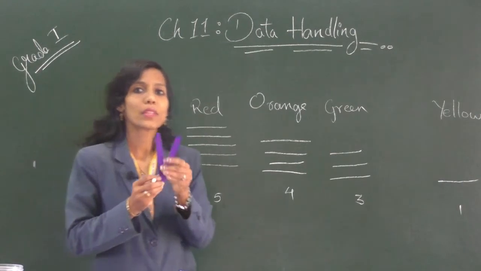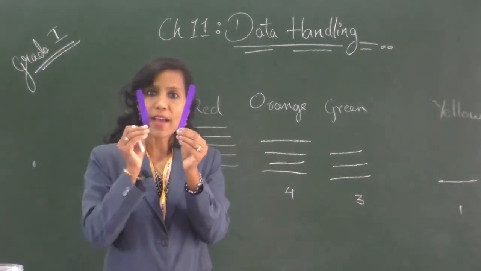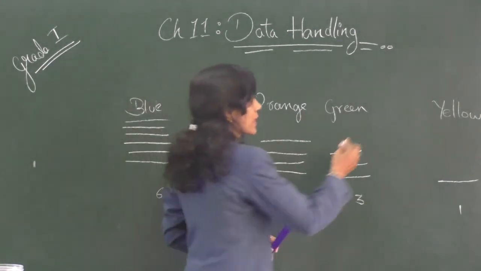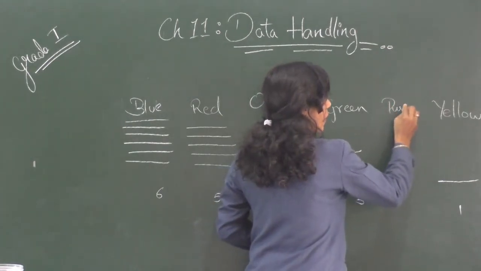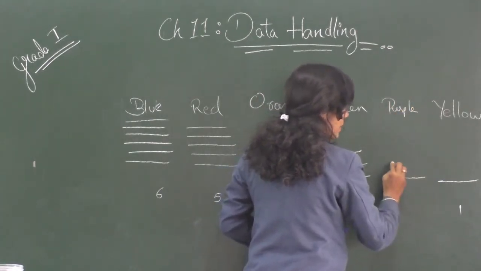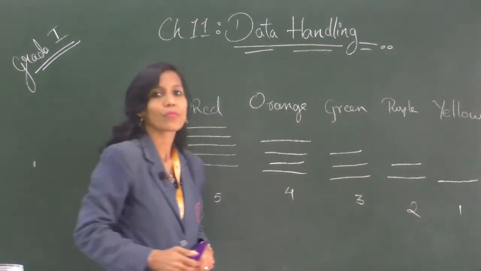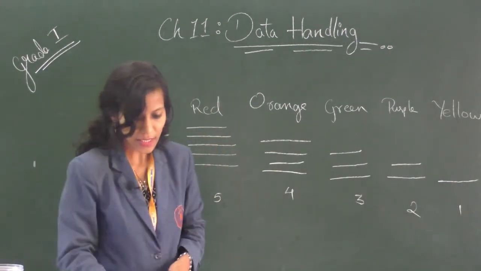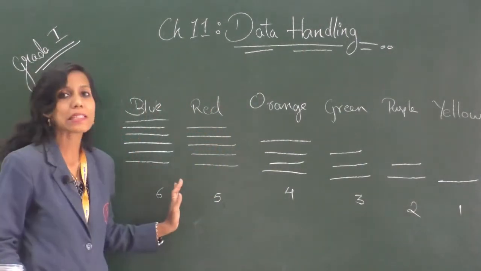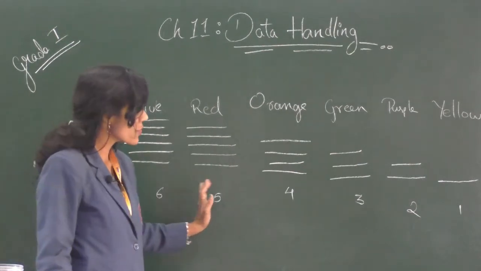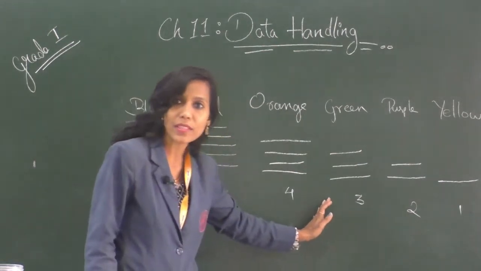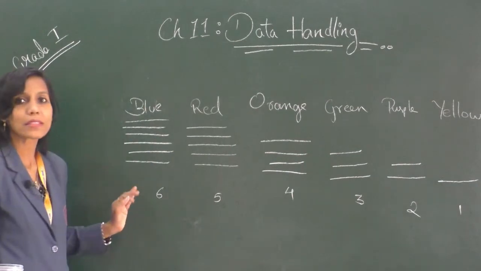Now the shade of purple. I have only 2 sticks. So under purple, 1, 2. So here you can see how easily we have segregated and written down the numbers.